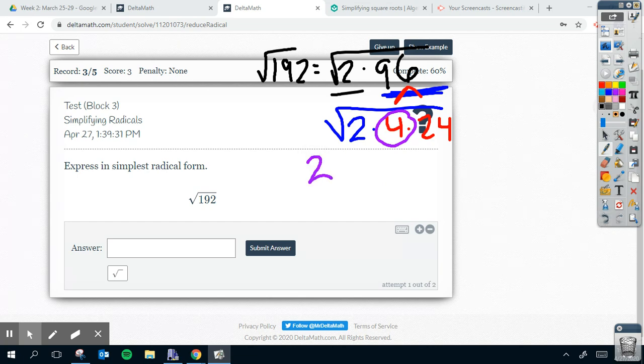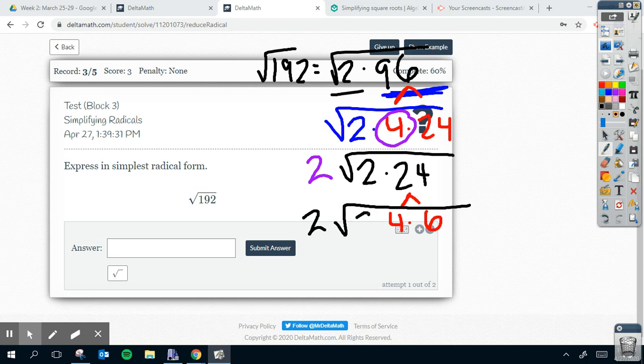Left over inside my radical is 2 times 24. Is there a square root that goes into any of these numbers? Well, I think 24 is the easy one. I know 4 times 6 is 24. So that's what I'm going to rewrite it as. I'm going to drop down everything else. I'm going to circle 4 because it has a perfect square, and I'm going to move that perfect square to the outside of the radical.